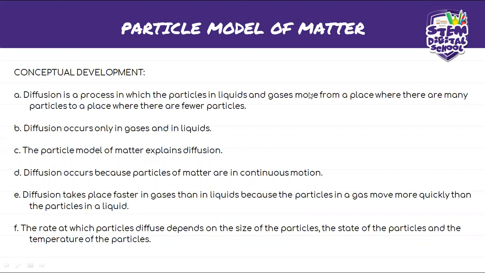The rate at which particles diffuse depends on the size of the particles, the state of the particles, and the temperature of the particles. So if I ask you how to use the particle model of matter to explain diffusion, you will simply say diffusion occurs because particles of matter are in continuous motion.